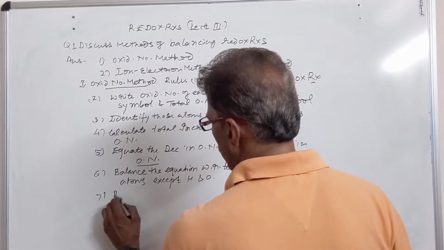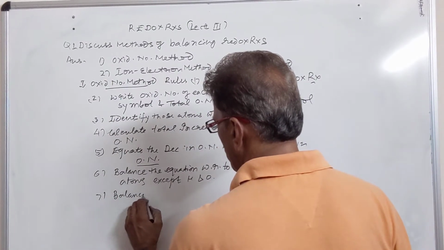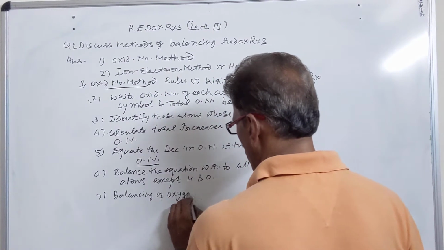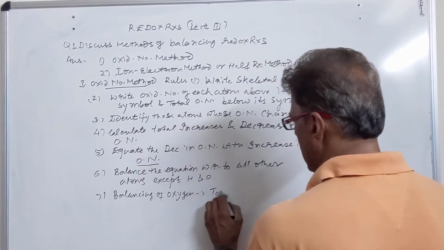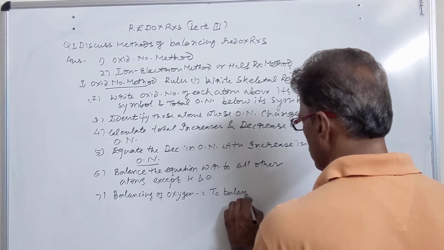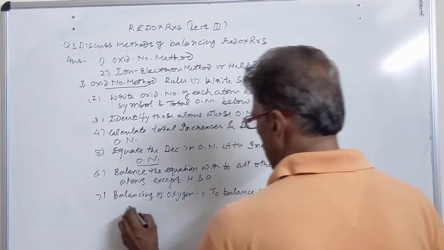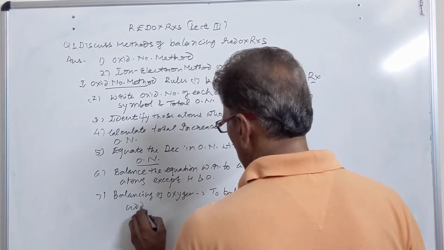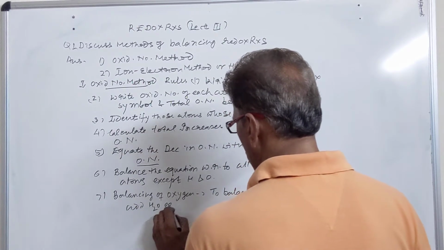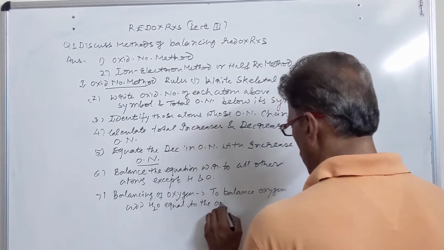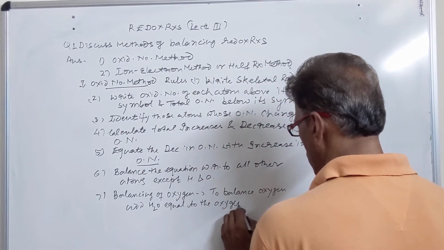Now, balancing of oxygen: to balance oxygen, add water equal to the oxygen deficiency.